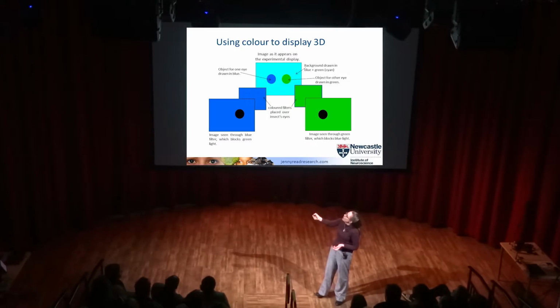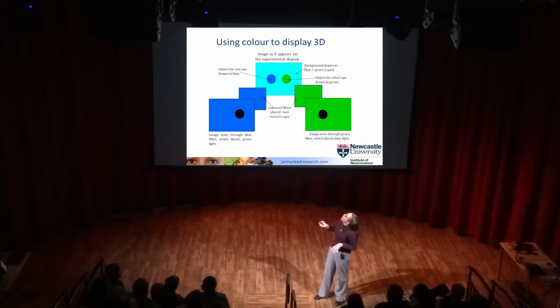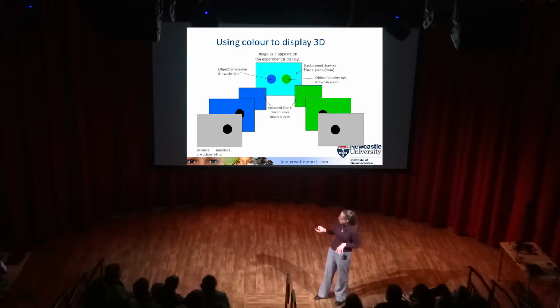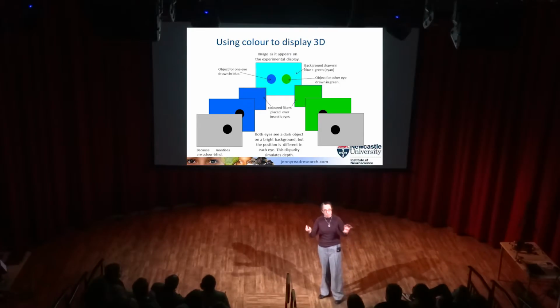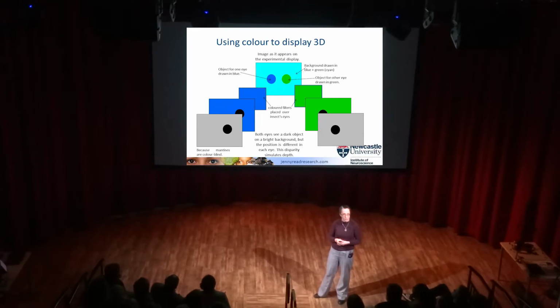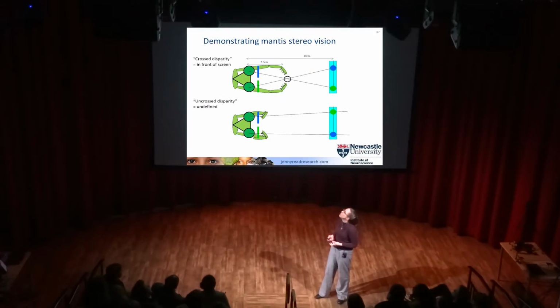So the green dot appears as a black sort of hole where there is no blue light. And so you get these two different images. And because the animal's colourblind, it wouldn't perceive the colour difference, it just sees something like that. So in other words, we've got a difference between the position of the object in the two eyes. So we've been able to introduce a disparity, and then we can test, okay, is this working? Are our 3D glasses really giving this insect an illusion of depth?